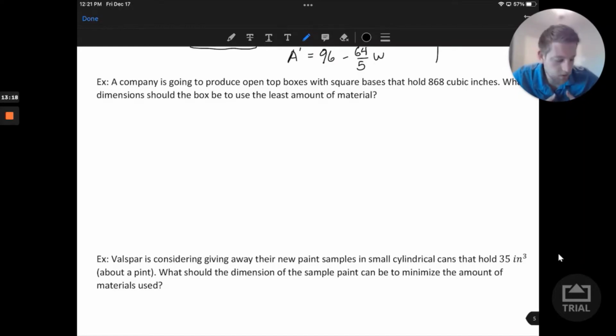So let's go ahead and take a moment to draw a little picture. We want an open top box with a square base. That's very important in this question. That'll help us a lot. So let's do our best rendition of a box. And we know that this box is going to have, again, a square base.